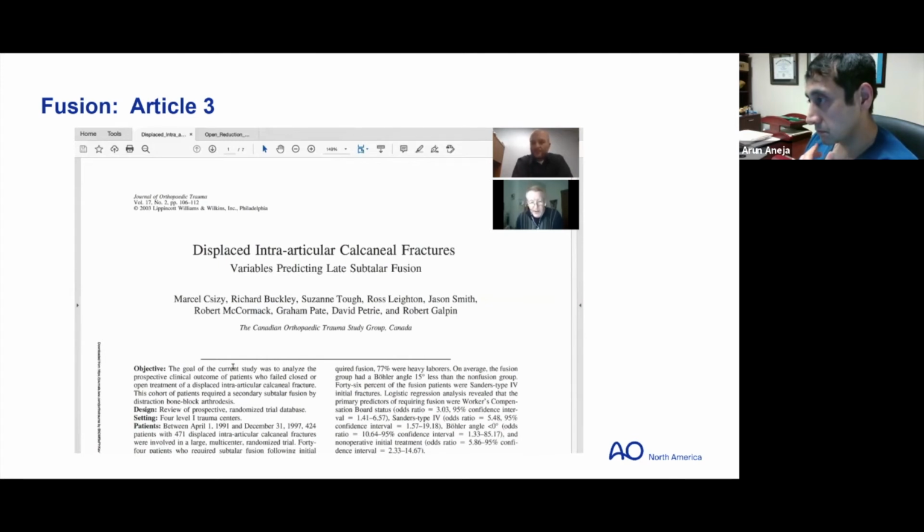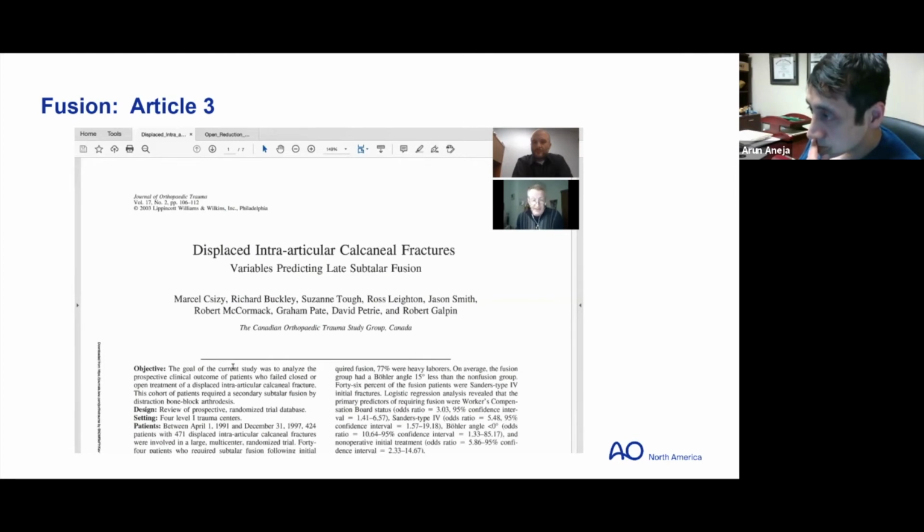The people who had an initial Bowler's angle which was much less, so 15 degrees, pretty good, not badly displaced, had a very unusual late subtalar fusion rate. And then there were a few other things. Workers' compensation board patients tended to have less and less ability to handle calcaneal fractures and heavy labor after, and we're much happier with subtalar fusions.